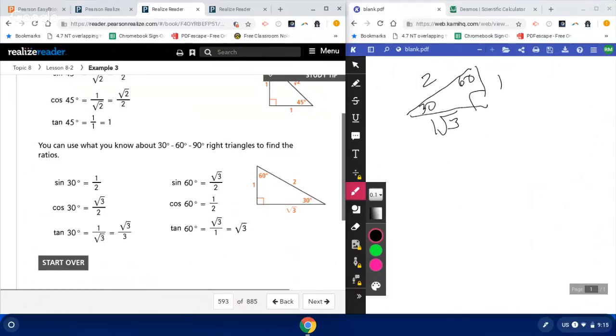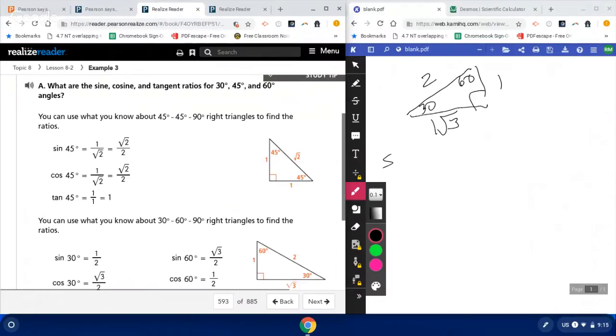With that in mind, they want us to find the sine of 30 degrees, cosine of 30 degrees, and the tangent of 30 degrees. We need to memorize this triangle so that we can do this. Sine is opposite over hypotenuse, so that equals 1/2.